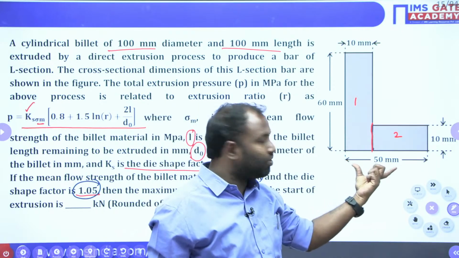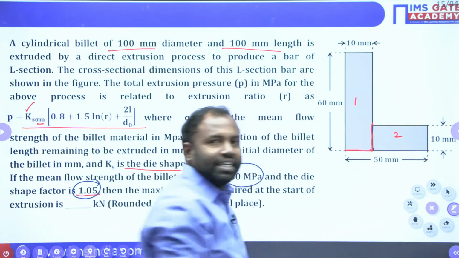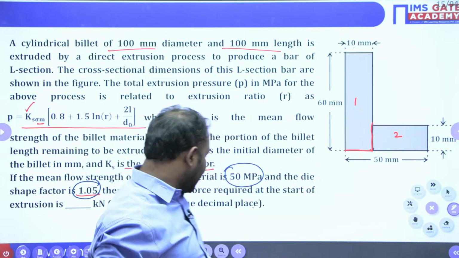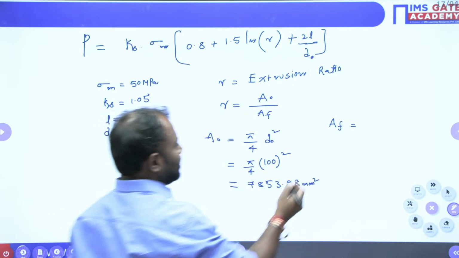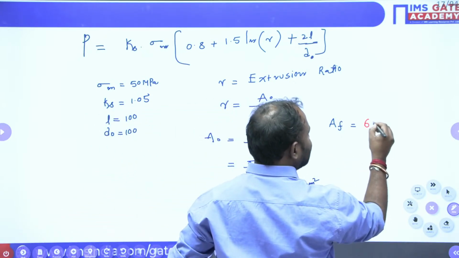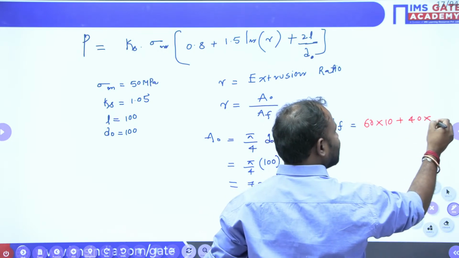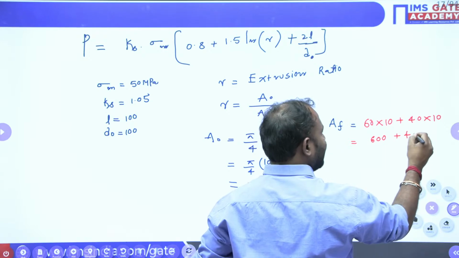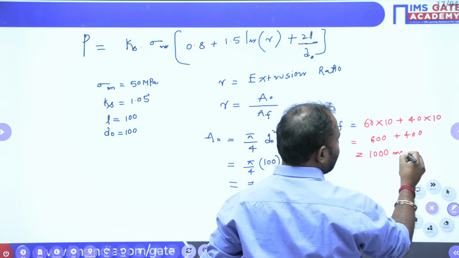Now it is 50, already 10 is gone, so that is 40 into 10, and 10 into 60. Now my cross section area of the final component is 60 by 10 plus 40 by 10. That is 600 plus 400, so I am going to get 1000 mm square as my cross section area.